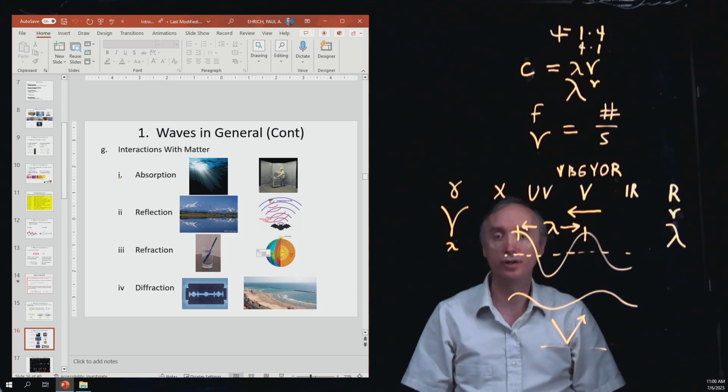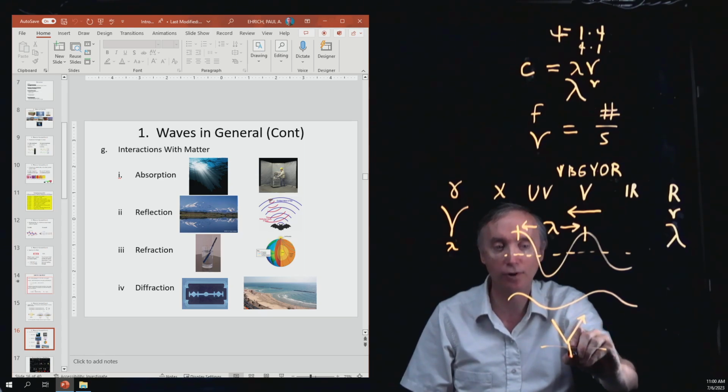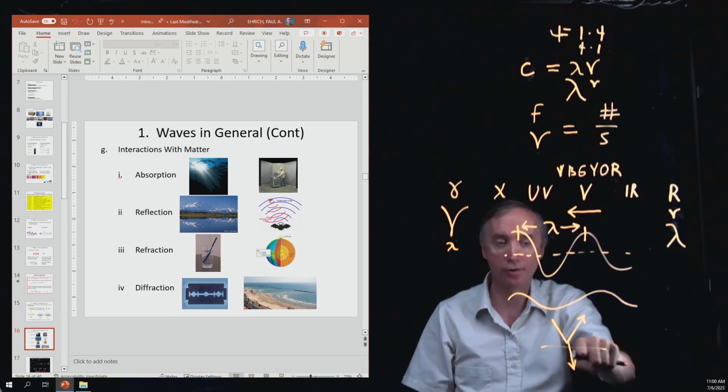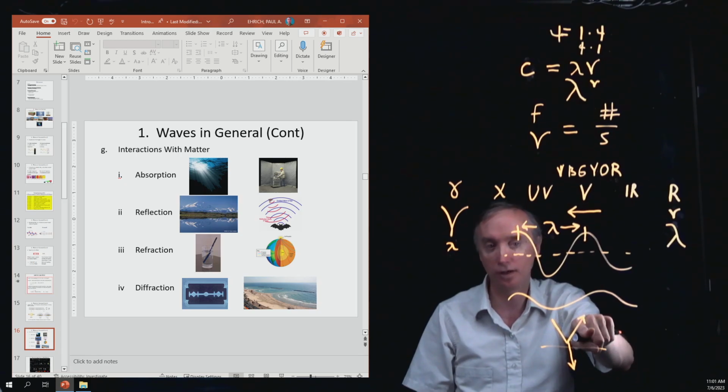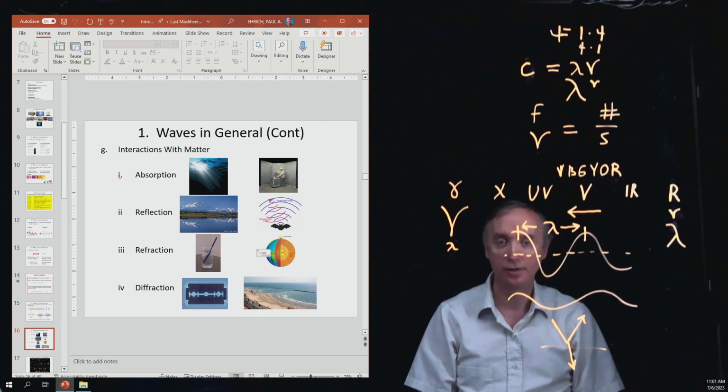Then you have refraction, which is when a wave comes in and changes direction when it goes through a material. Maybe this is water down here and this is air up here. You can see that the direction changed when it went into this substance, and that is refraction. And then diffraction is the bending of a wave when it goes around something.